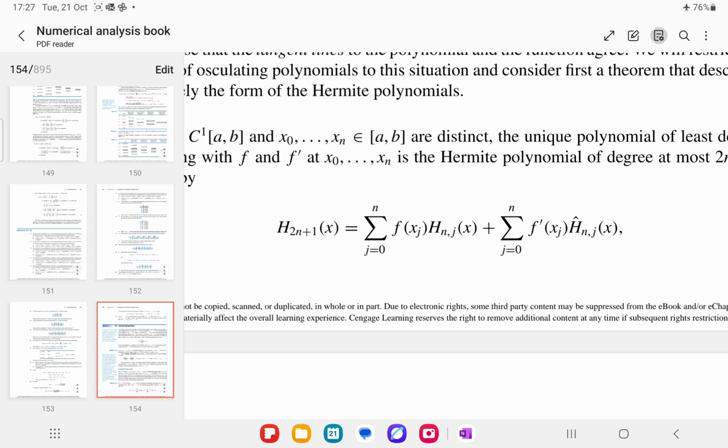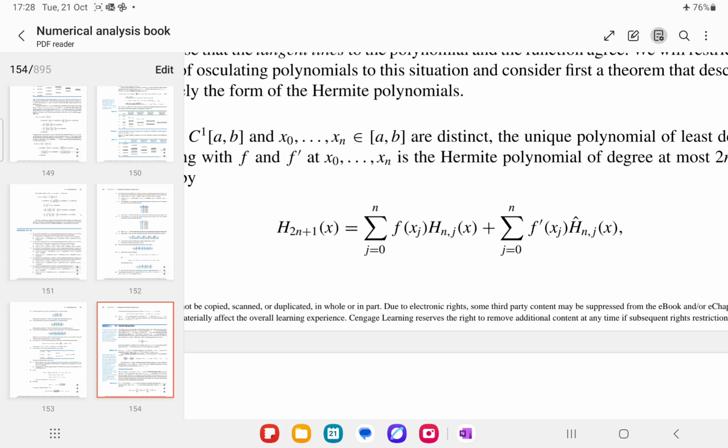Now this part is the remaining. This sum depends upon n. I told you n is the degree of the polynomial. Okay, so for example, if you have been given 3 points, so 0 to 2, and 0 to 2, then we have to estimate H_{n,j}(x) and H-hat_{n,j}(x), both of these.